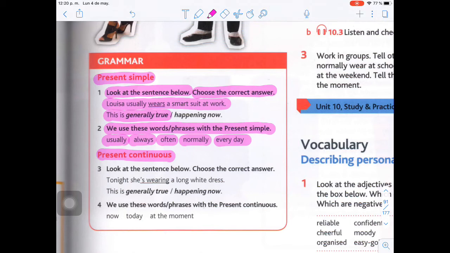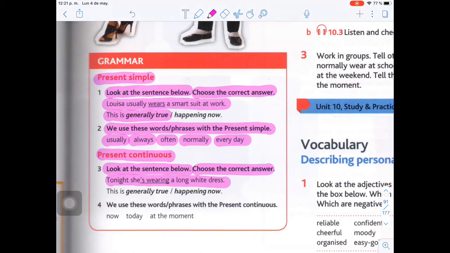Now, the present continuous. Again, look at the sentence below and choose the correct answer. The sentence says, tonight she's wearing a long white dress. And they are asking, this is generally true or is it happening now? So look at the structure of the sentence. Tonight she is wearing a long white dress.